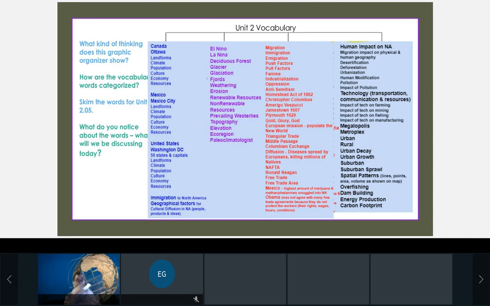Okay, guys. All right. So what do El Nino, La Nina, deciduous forests, glaciers, glaciation, fjords, weathering, erosion, renewable resources, what do they all have in common? What do they all have in common? Topography, prevailing westerlies.